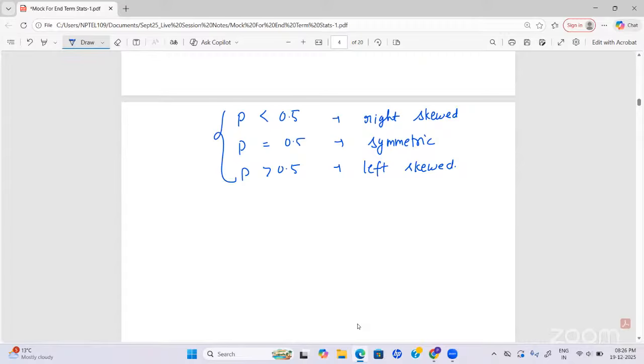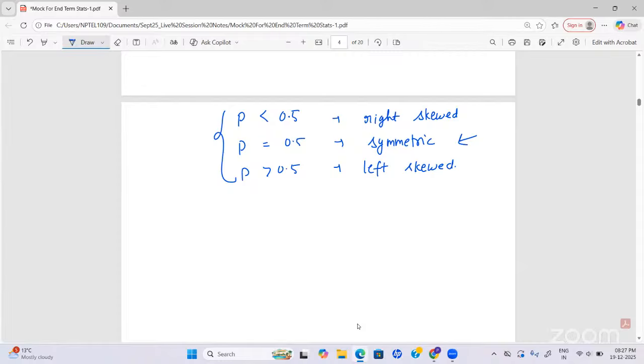From here, you can conclude that if the graph is symmetric, the value of p should be... Ma'am, I think it is reversed. Like if the value is greater than 0.5, it will be left skewed, and if it is less than 0.5, it is right skewed. Yeah, if it is less than 0.5, then it is right skewed.